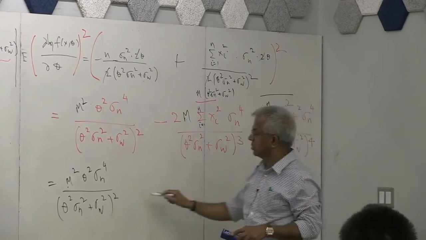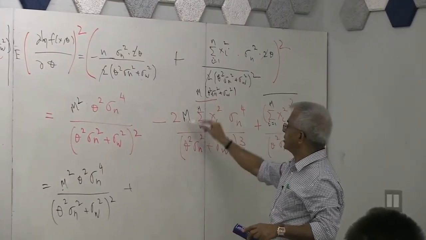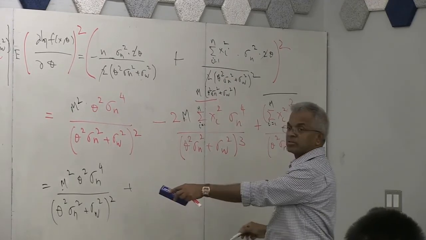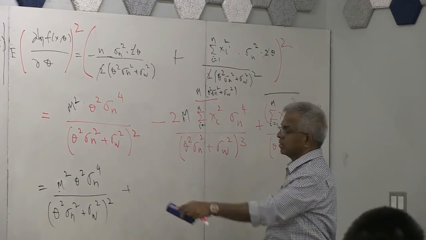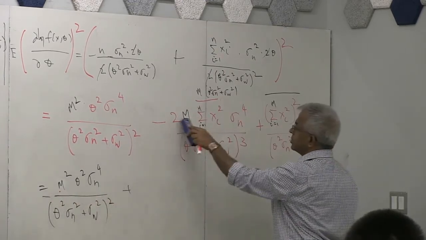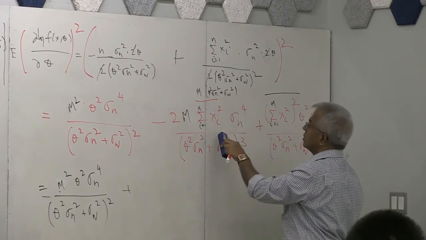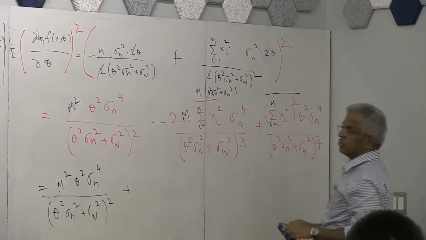One cancels, so I get minus 2m squared, same as this, right? So this just becomes minus, because minus 2m squared sigma n^4, there was also a theta squared. What happened?